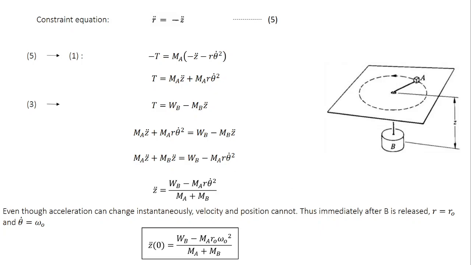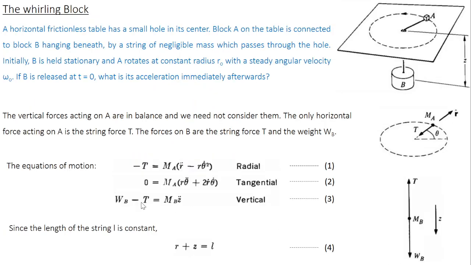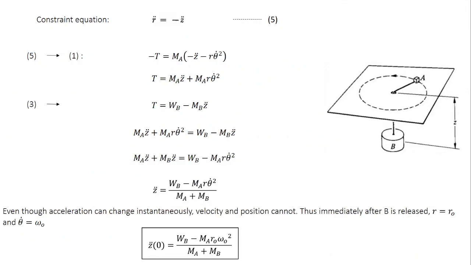Similarly, from equation 3, you have WB minus T equal to MB Z double dot, or T equal to WB minus MB Z double dot.